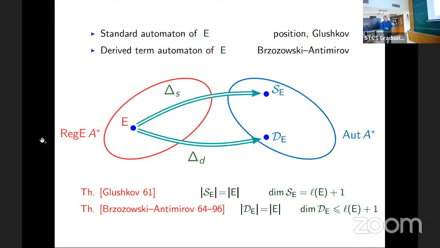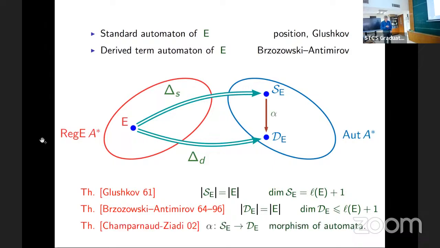What we get is an automaton which is not deterministic anymore, but which is much smaller, indeed smaller than the Glushkov standard automaton. And in fact, there is a morphism onto it, which is another sign that it is small.